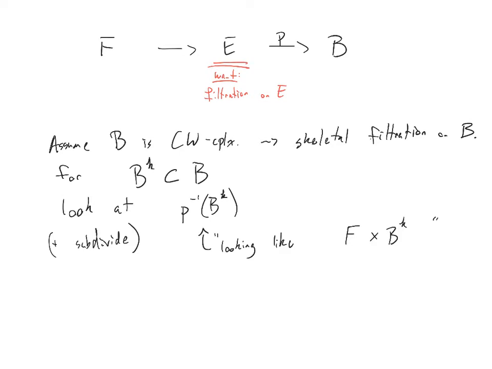And so what you do is you use this to give you a filtration on E, because you can subdivide, I should say this. This looks like, I'm using B_K for ball, which is bad. So I'll say this looks like this cross F on each cell, or above each cell.